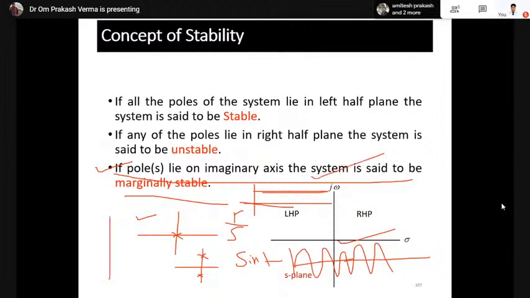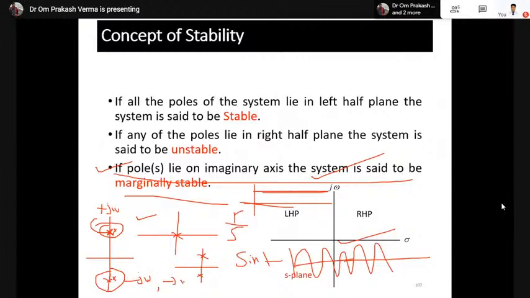But when you are talking about a double pole at the same value, there are two imaginary poles lying at the same value. Let's say plus j omega at this one, and minus j omega and minus j omega here.